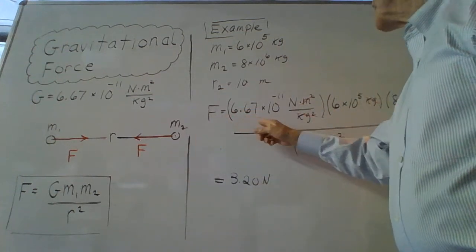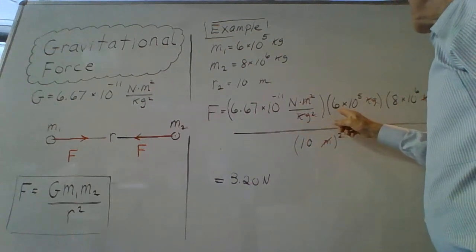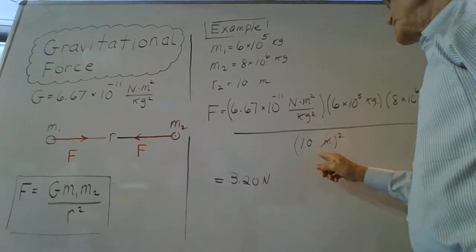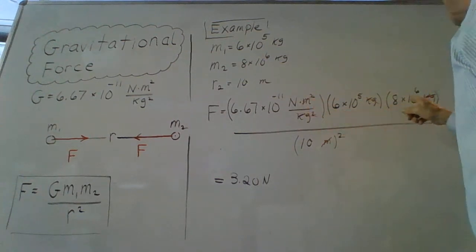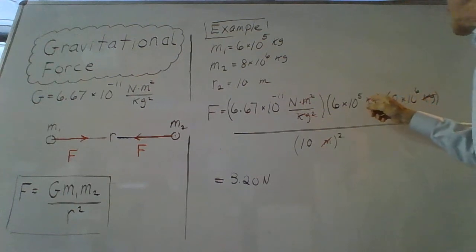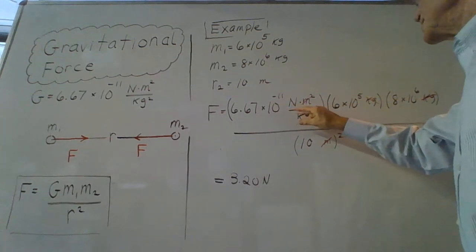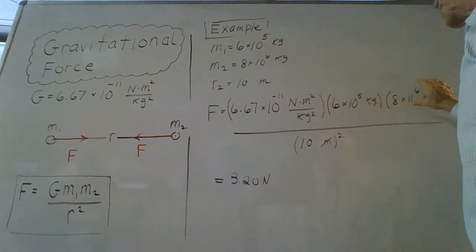The first parenthesis is G. Then there's the mass m1, the mass m2, and then r is squared in the denominator. You have a product of a kg times a kg upstairs, gives a kg squared, but downstairs in the denominator, there's a kg squared. It cancels the other kgs.